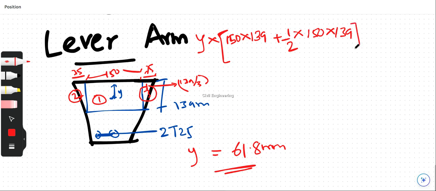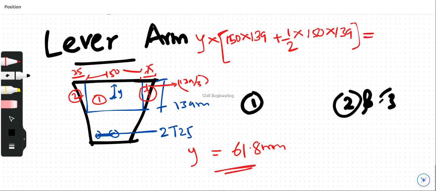This is the area of this rectangular part. Here y is the centroid of the composite section, is equal to, then I will write, first I will write for 1 and then 2 and 3.